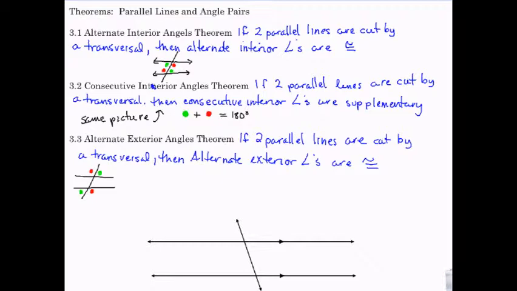What you get when you put it all together are four angles that are congruent to each other. Reds all equal each other, and greens all equal each other.